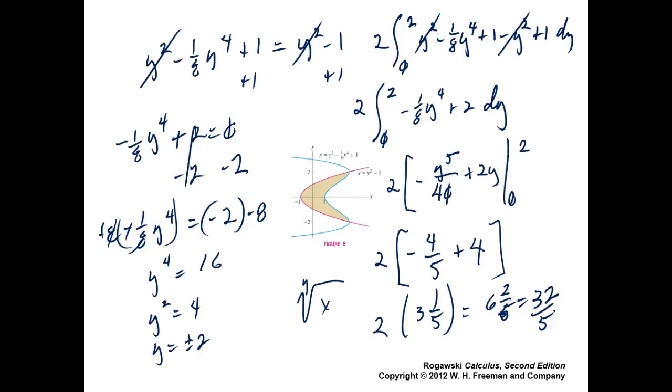So homework exercises here. Do any of the odds. Let's do either 1 or 3 or both. Do number 5. Do number 7. Do either 9 or 11 or both. And either 13 or 15 or both.